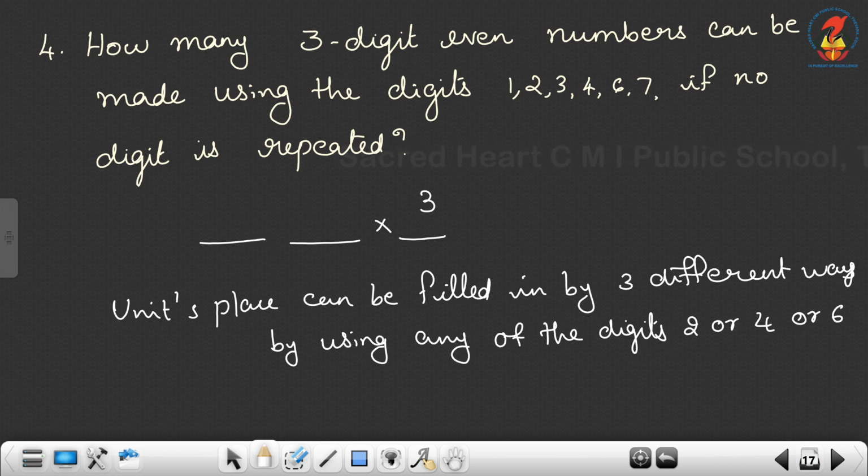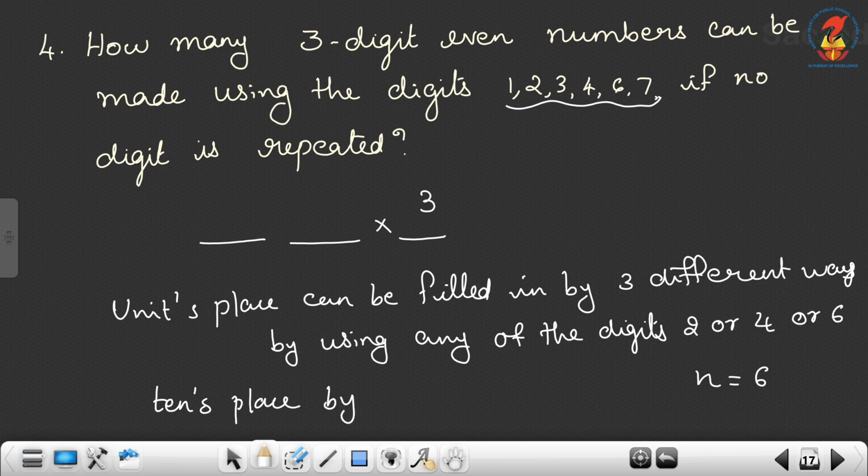Now moving to the next, the tens place. How many digits do we have in total? 6 digits are there. N is equal to 6 is given. Total 6 digits are given and 1 is here. Now how many ways can we use? 5 ways. So the tens place we can fill in by 5 ways, since 1 digit is already in the units place.